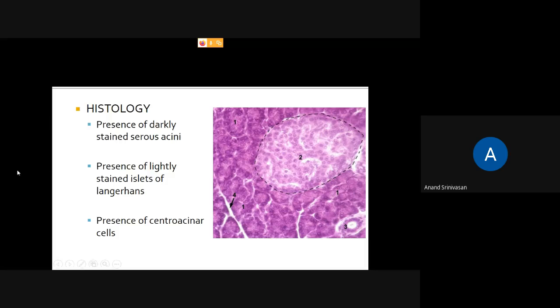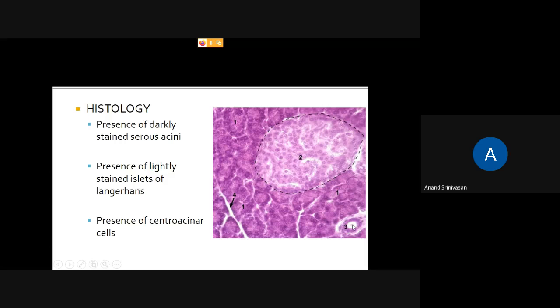This is another picture showing the histological features of the pancreas. The darkly stained part is the exocrine pancreas, and the lightly stained structure is the islets of Langerhans. There is also the presence of centroacinar cells, which are exclusive to the pancreas.